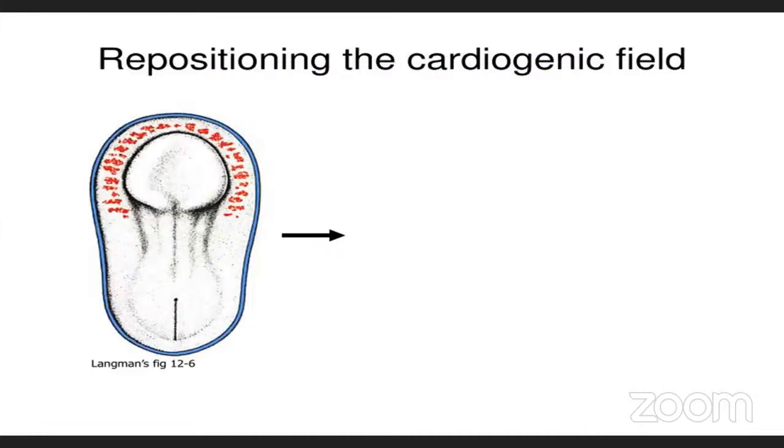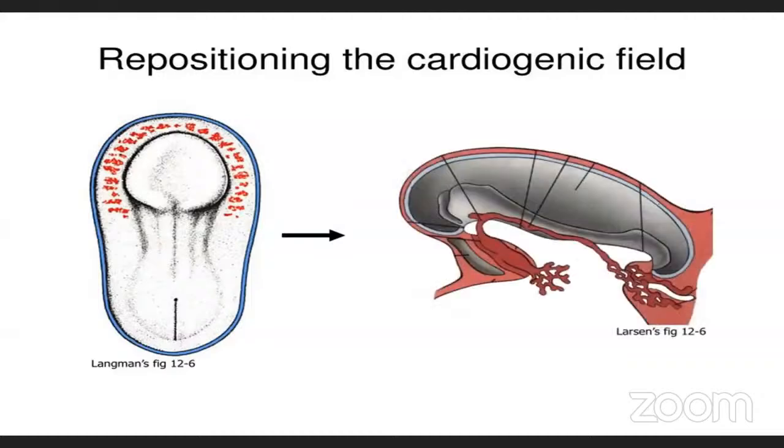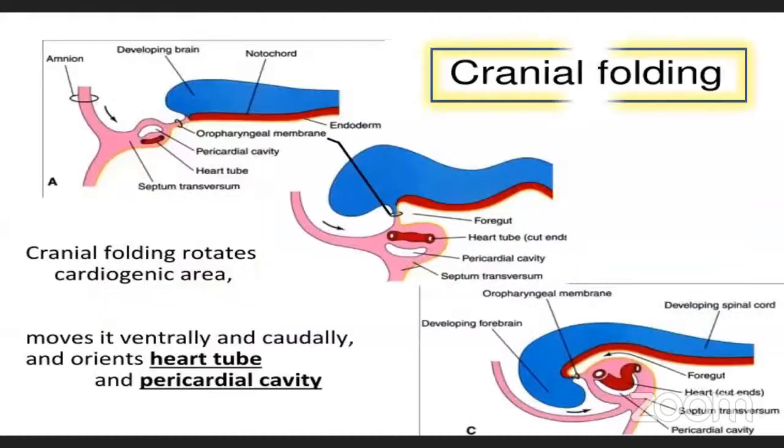Now we take a look at heart development from cross-section undergoing lateral folding. If we talk about the development of the heart tube in the pericardial cavity in sagittal view, as it goes under cranial folding, here is the ectoderm. Again, this is the cranial folding.